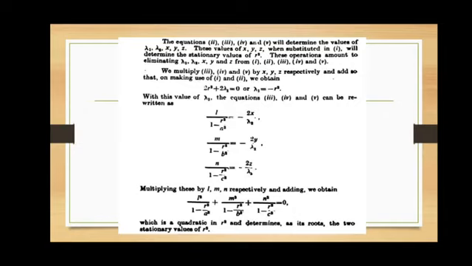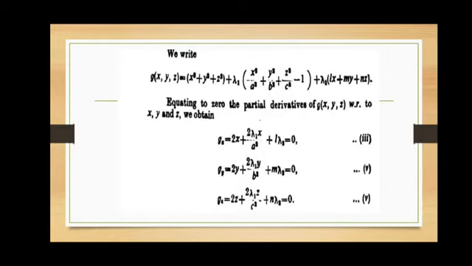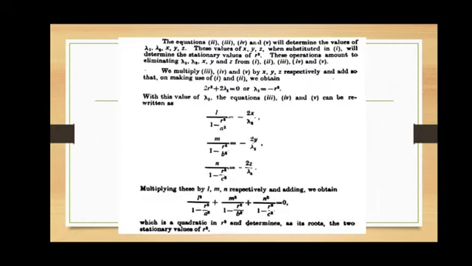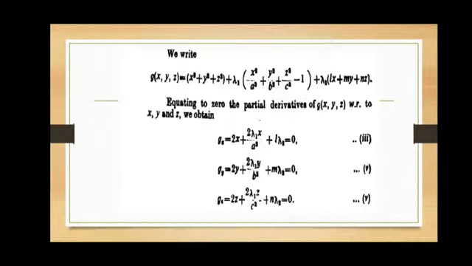Now we see equation 3: 2x plus 2 lambda 1 x by a square plus l lambda 2. Here if we substitute lambda 2 equal to minus r square, we get lambda 1 value, that is lambda 1 is equal to minus r square, and substitute in equation 3.